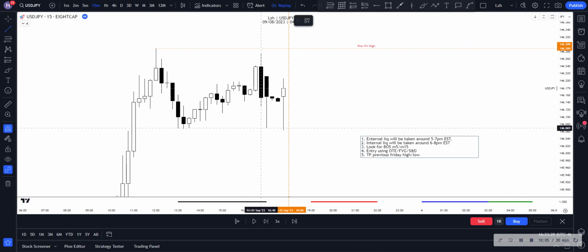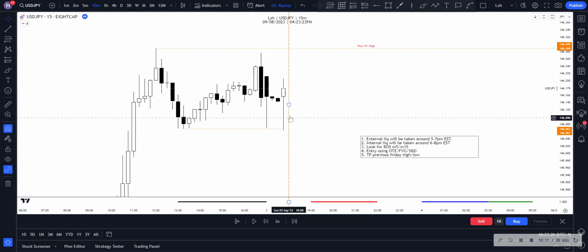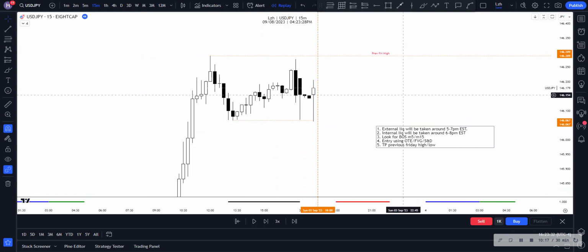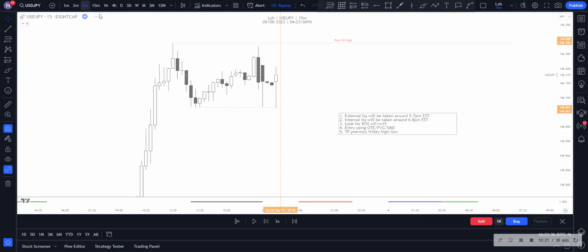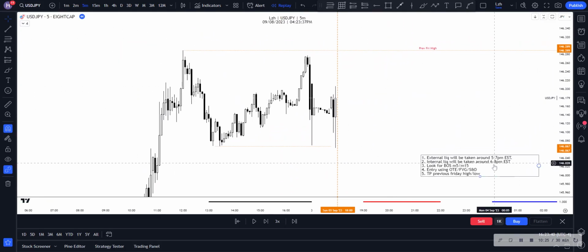So for example, in this case, the external liquidity was taken out right before 6 o'clock. And let me play a few more candles, so that you guys can see what happened around this period of time.